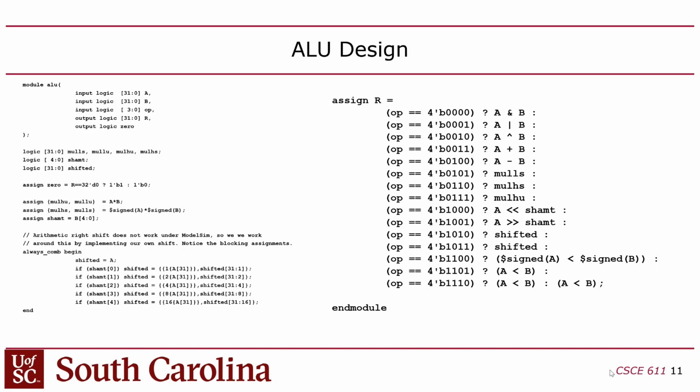So we do some things in here, for example, for the multiplies, you'll notice that we use this thing where, on the left hand of an assign, you can do a concatenation. I think that's cool. I like how you can do that. You can also see that we use $signed to tell Verilog to do a signed multiply.